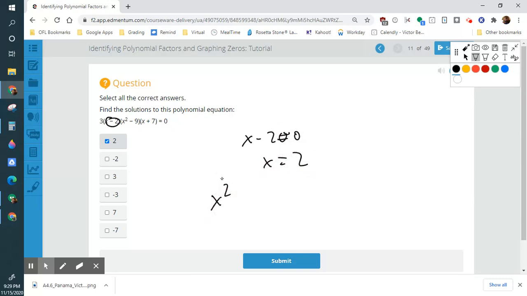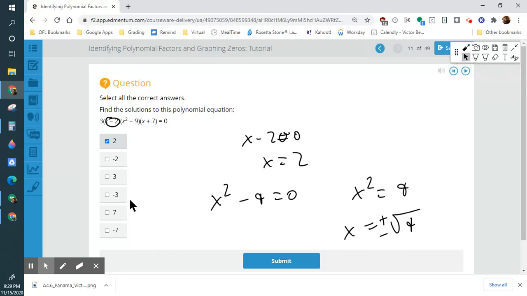Now the 9 squared is a little interesting because what happens here is this becomes x squared equals 9. And when you take the square root, you have to account for the positive version and the negative version because negative 3 times negative 3 is also positive 9. So we have to account for the positive and negative 3.